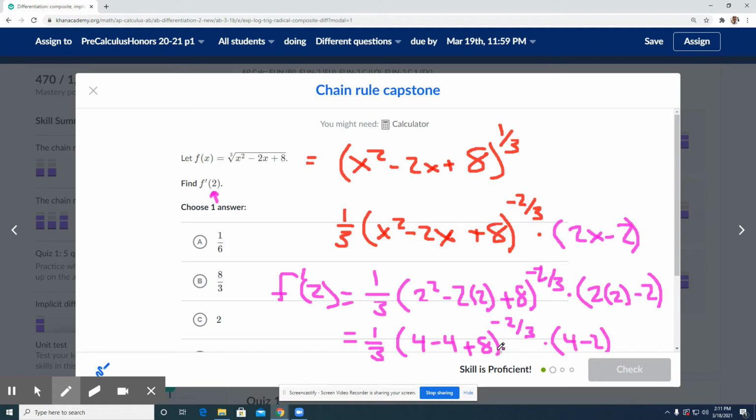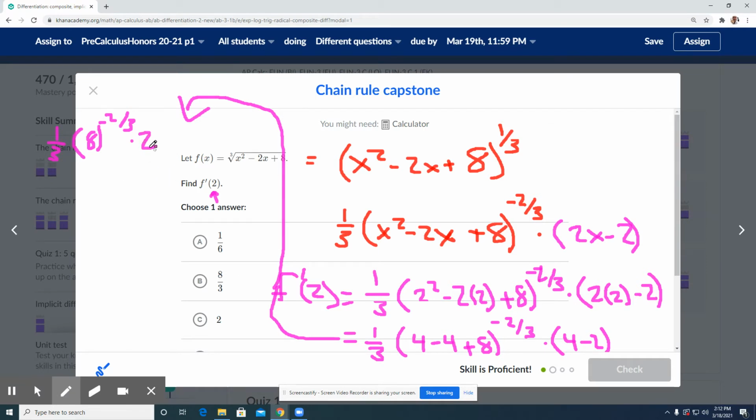Okay. Let's go ahead and bring it over here. I still got my 1/3 in front. 4 minus 4 goes away, so I still have 8 to the negative 2/3 times 4 minus 2 is 2.